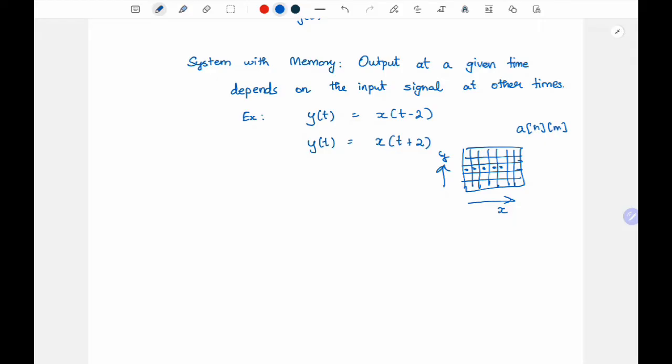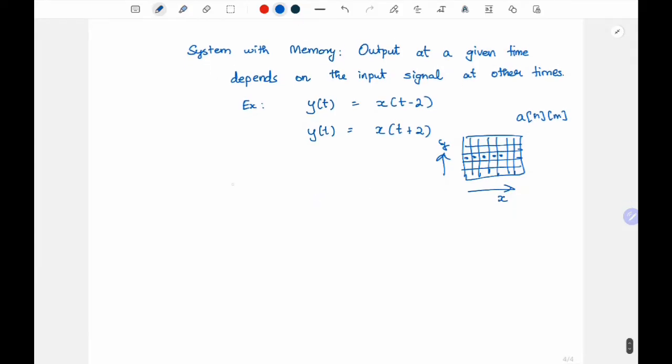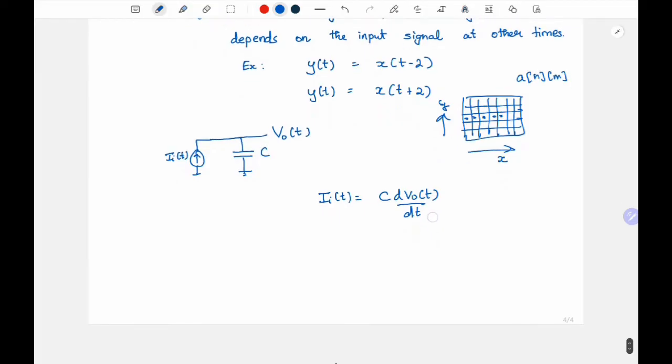Okay. So as a physical example, if you take a capacitor with value C, let's say I feed in a current i_i of t to it, and I take the output v_o of t. So you know the relation: i_i of t is nothing but C dv_o of t by dt. But if you want to find v_o of t in terms of i_i of t, what will I do?